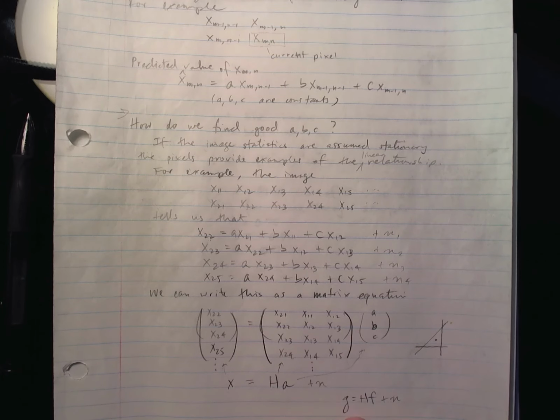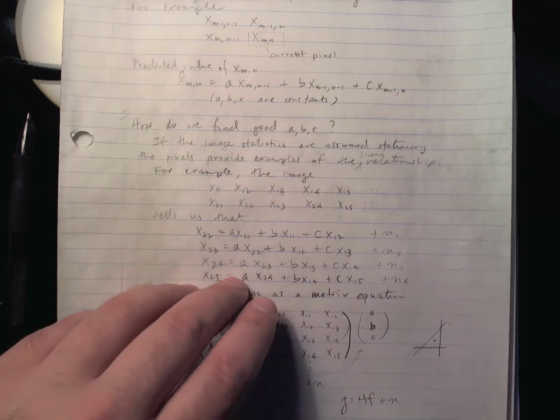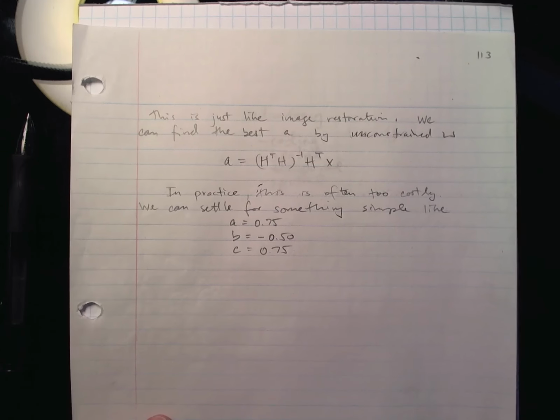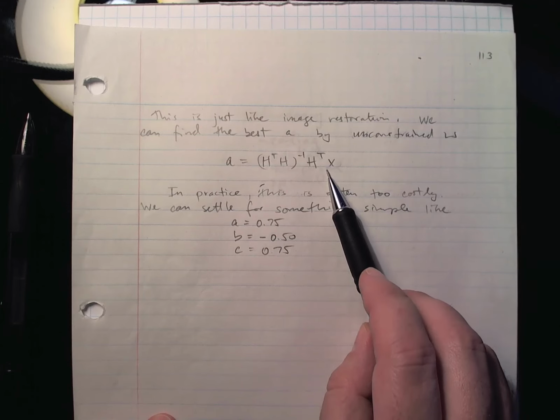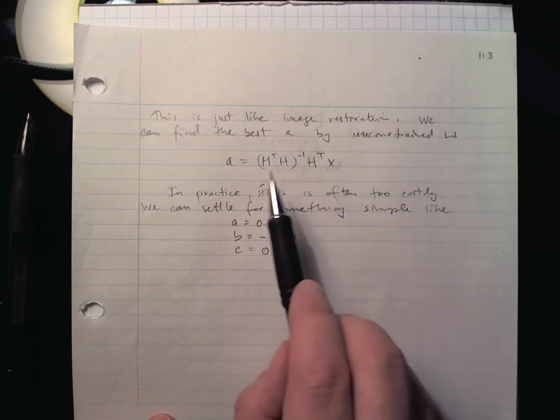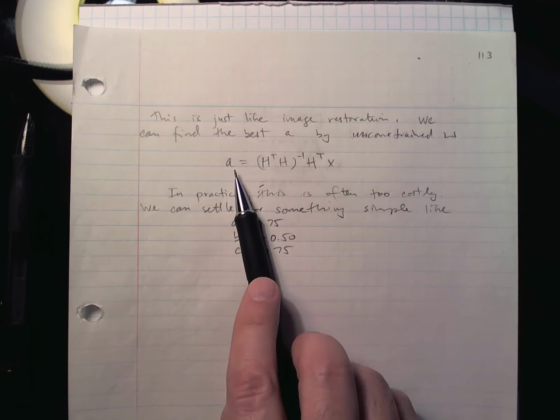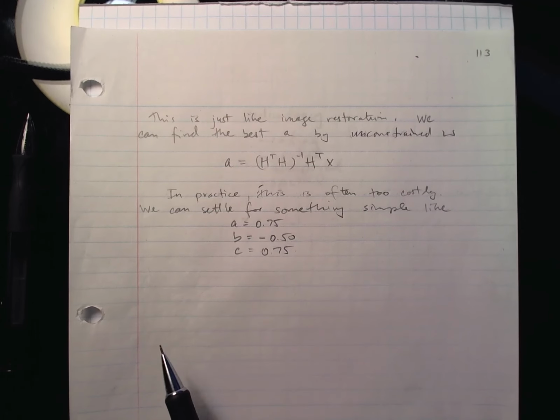And this is overdetermined in the same way, so least squares is fine. And we know that the answer is the pseudo-inverse. And so here the thing we're solving for is not an image, it's this set of coefficients.